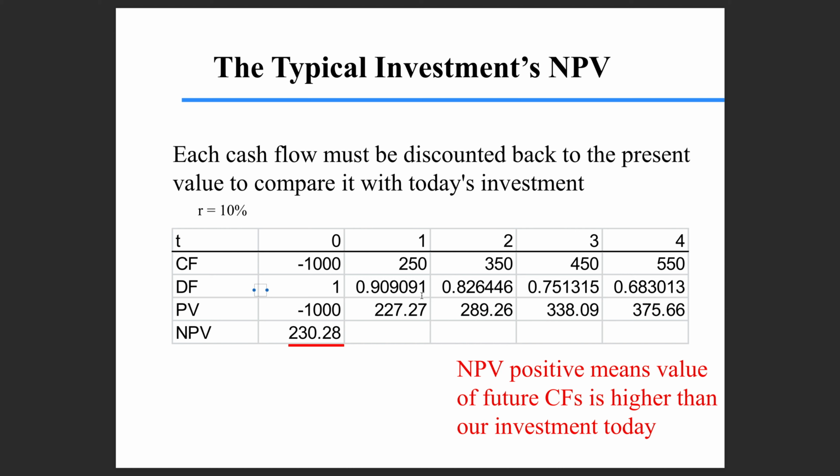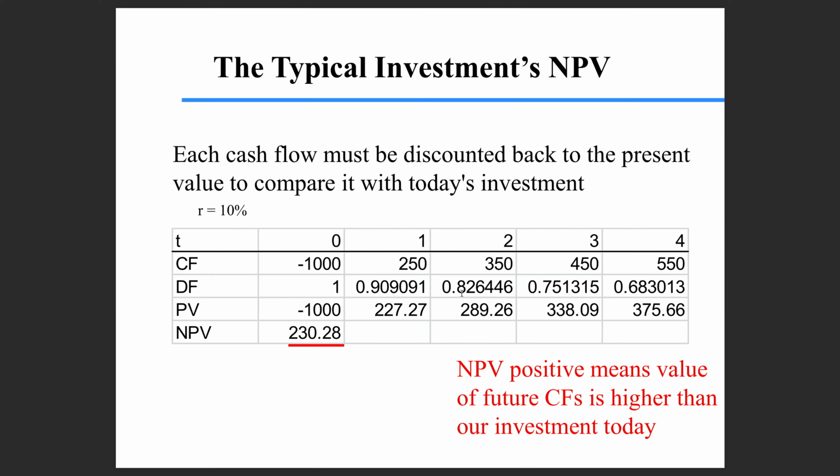Using this 10%, I can calculate the discount factor for each period. For example, the time 1 discount factor is 1 divided by 1.1, and this is 0.909091. The second discount factor is 1 over 1.1 raised to the power 2, and this is approximately 0.8264.